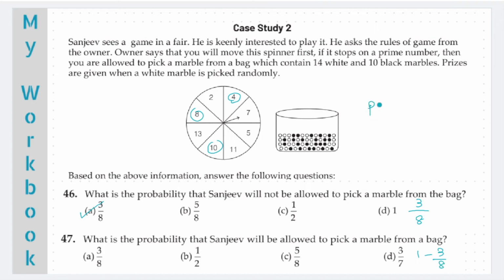We know that for a complement event, the probability is 1 minus the probability of the event. P of not E is equal to 1 minus P of E. So 1 minus 3 by 8 will give us 5 by 8. So option C, 5 by 8 is the answer.